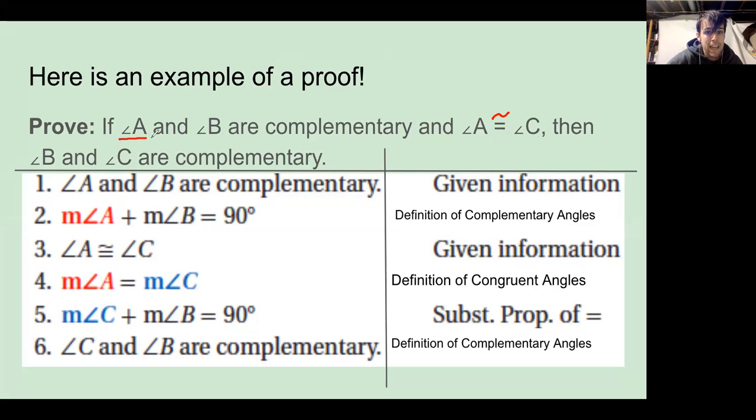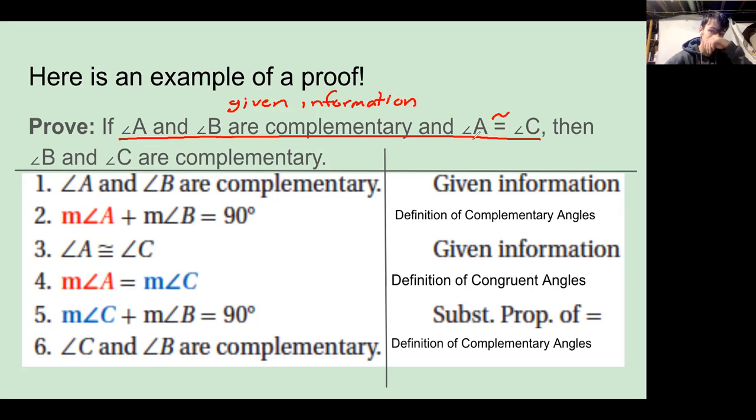So the beginning of our statement, the hypothesis, this is what we can start off with. This is what we call our given information. It's what we can assume to be true from the very beginning. So we can assume we have these two angles, which are complementary, and angle A is congruent to angle C. And the second part, the conclusion, angle B and angle C are complementary.